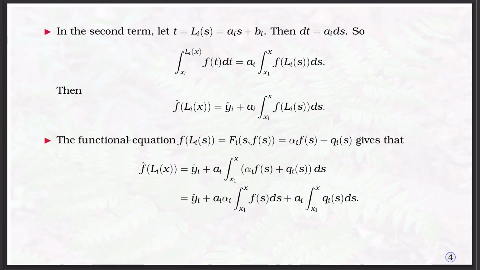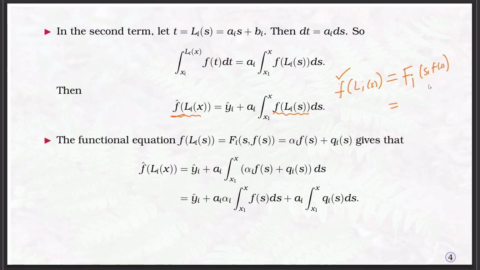Now, this f is a fractal interpolation function for the given data set, therefore it will satisfy the functional equation, that means f of Li of s. It satisfies the self referential equation F i of s comma f of s.